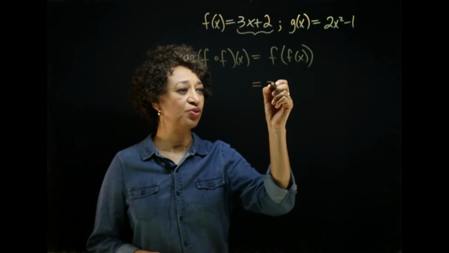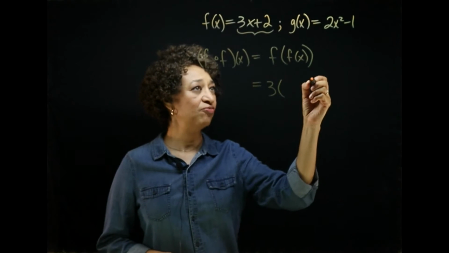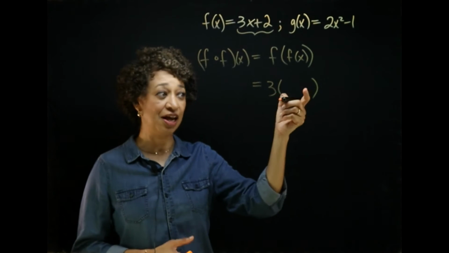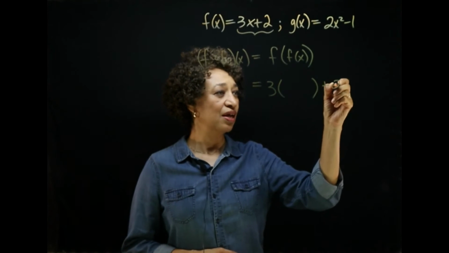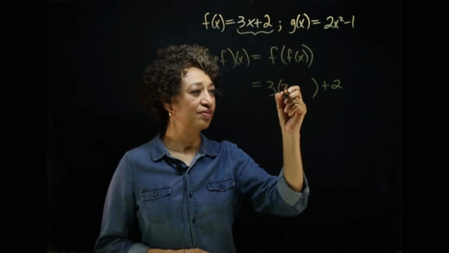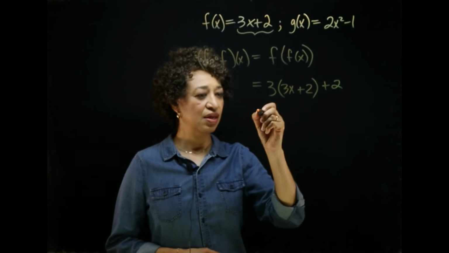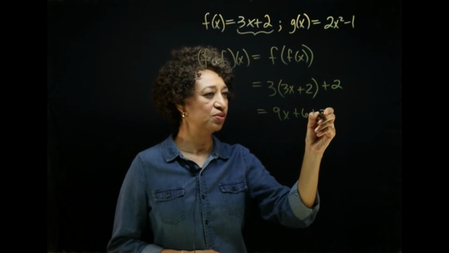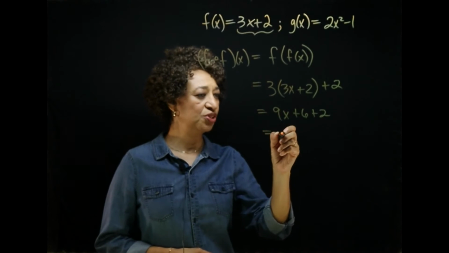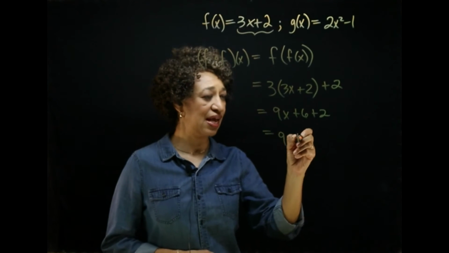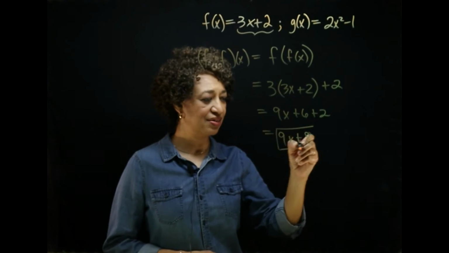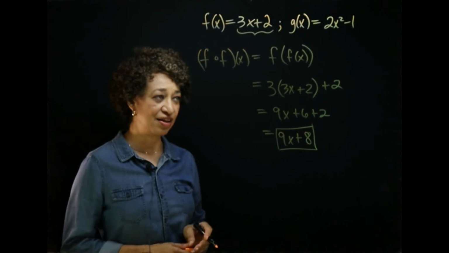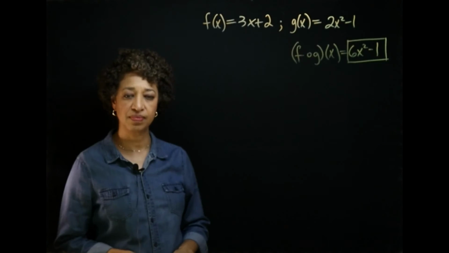So I'm going to write f of x and leave my gap to place in f of x, and then place it in. Distributing, I have 9x plus 6 plus 2 is equal to 9x plus 8. And that is f of f of x.